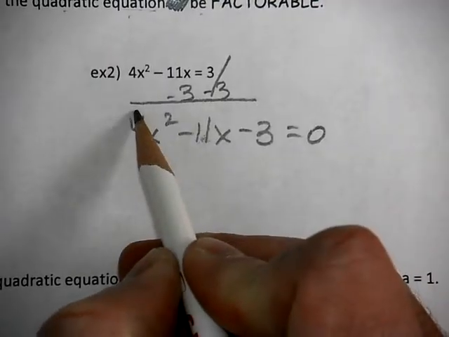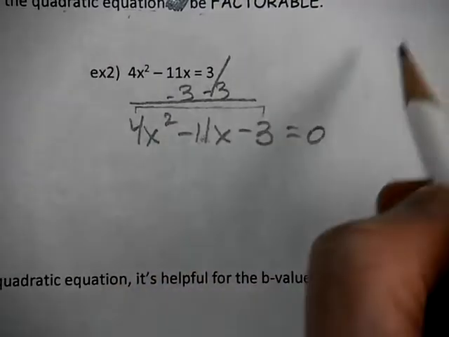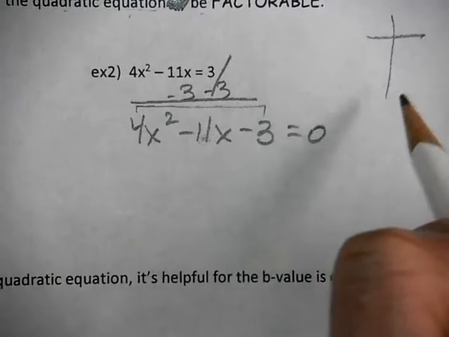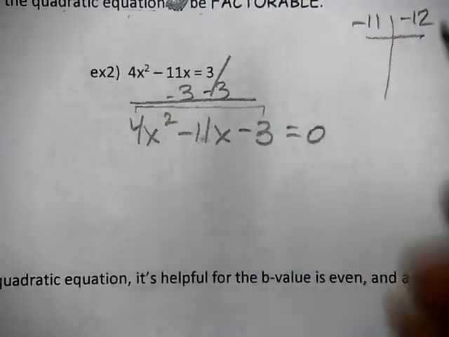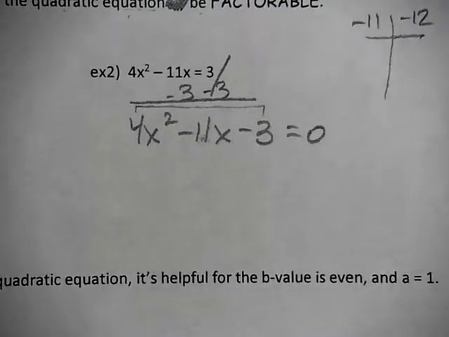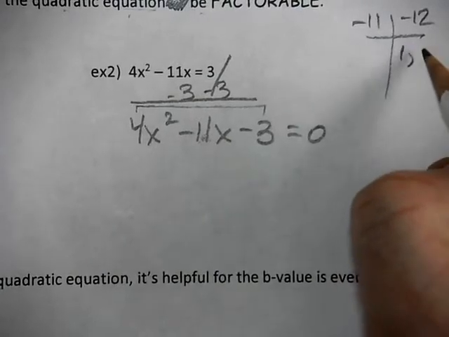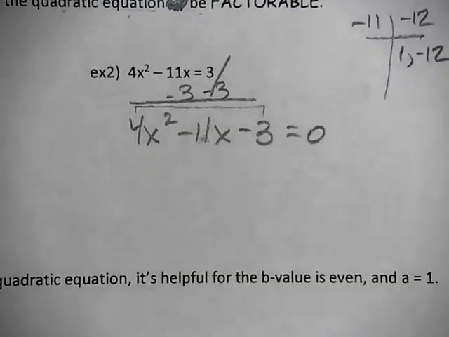So now we need to do A times C. If we're going to use factor by grouping, that's the method for factoring. And this is working out pretty well. What multiplies to be negative 12 and adds to be negative 11? Yeah, 1 and negative 12.